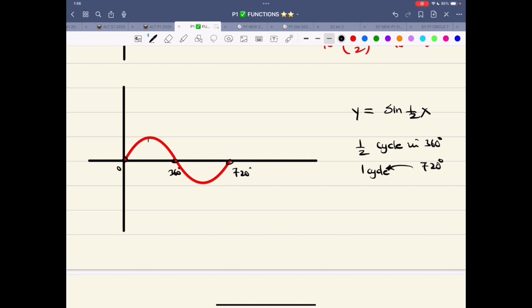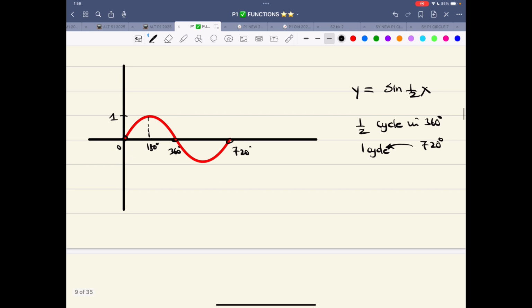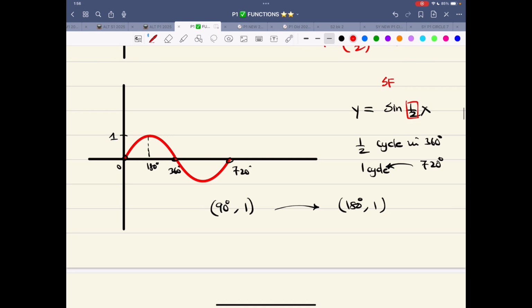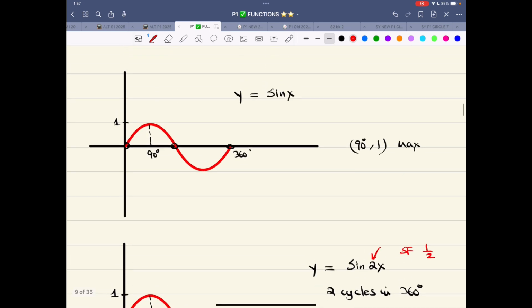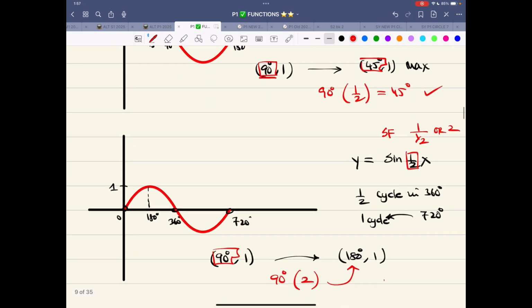Between 0 and 360 is 180, and this is 1 over here. That means the maximum point 90, 1 is now becoming 180, 1. What is written over here? Half. Therefore, the scale factor is the reciprocal of half, which is 2. So therefore, 90 degrees is multiplied by the scale factor. It's giving me 180. It has the opposite effect.